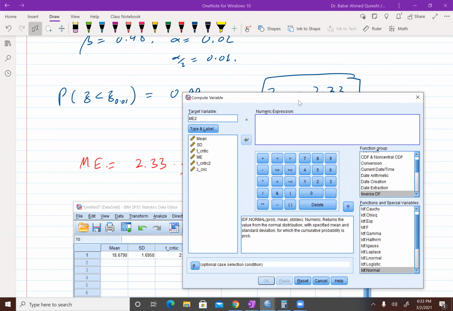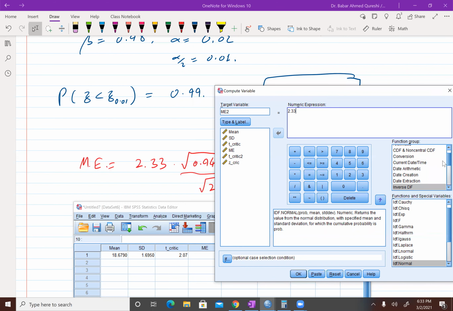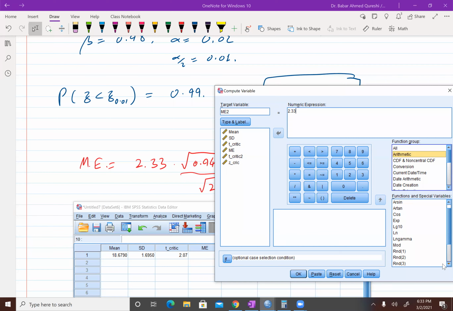I can just put in the number, 2.33. And then arithmetic function, square root. I have to put in a multiplication. Square root of what?